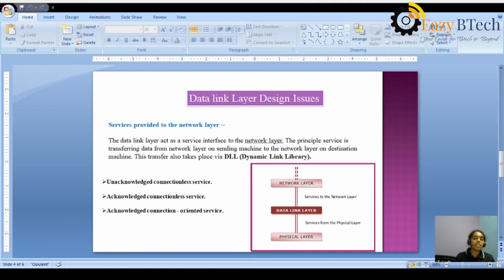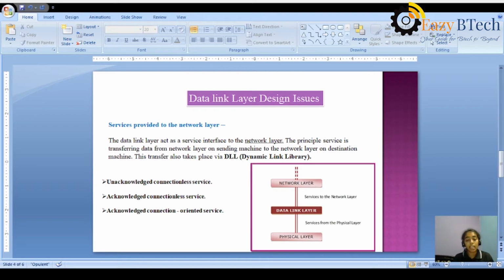See, the services provided to the network layer means, in the OSI reference model, the data link layer will act as a mediator between the physical layer and the network layer. I already said we have 7 layers in the OSI reference model.